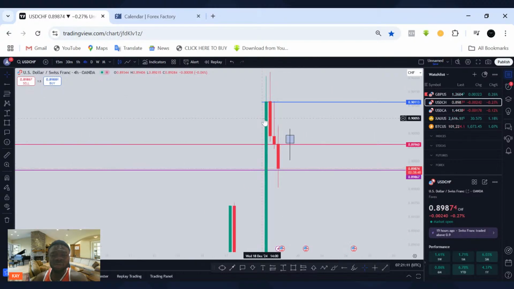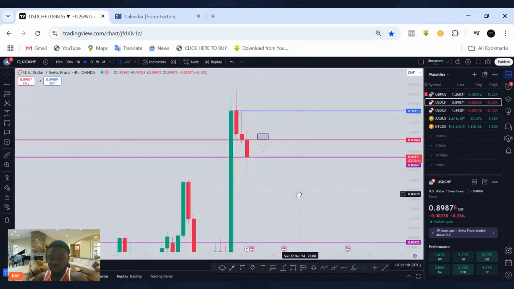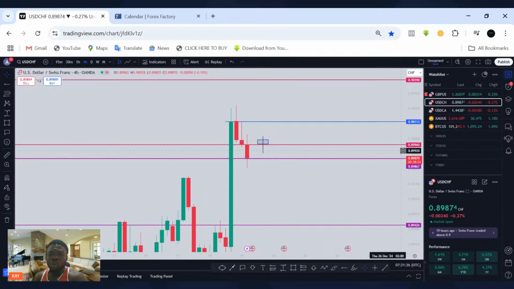All these moves that you are seeing today, all these retracements, is just a pullback. So don't be moved by that. It's just a pullback. The market will continue the uptrend.